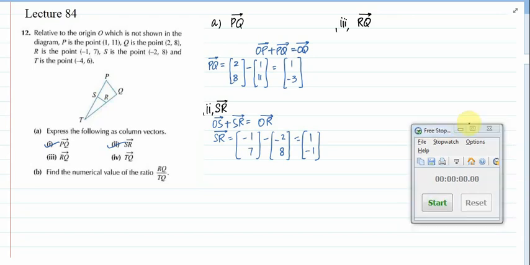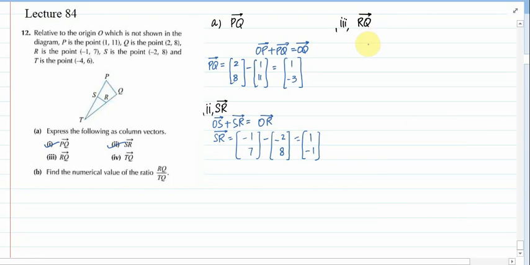Alright, so first I will write the path. It will be OR plus RQ is equal to OQ. We need to find the vector RQ.